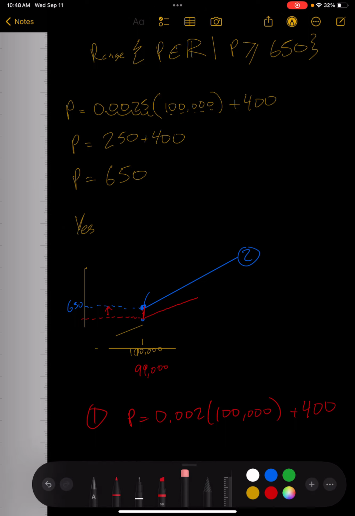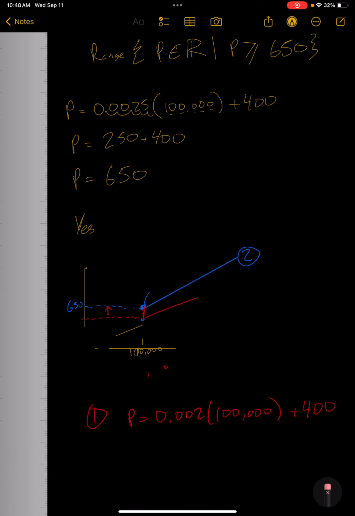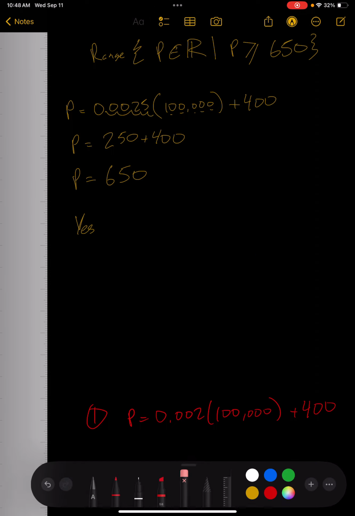Actually, the mistake is the following. I'll just draw it really quick. Let's go object eraser. I should pay more attention to the details. Let's draw it out again.